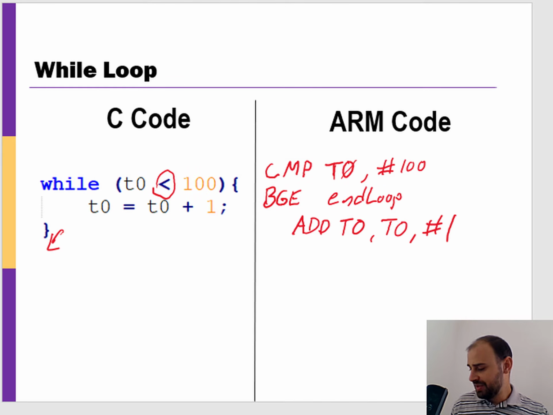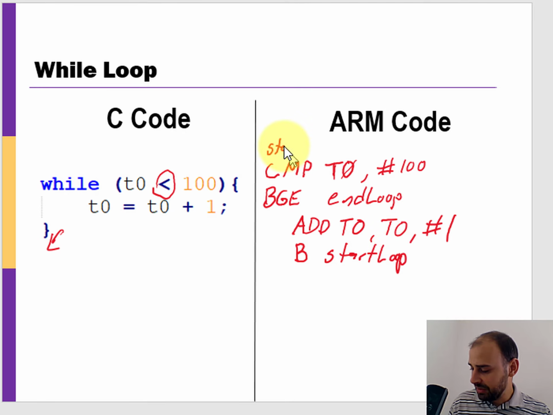So we should have an unconditional branch to a label that I'm going to call start loop up here.